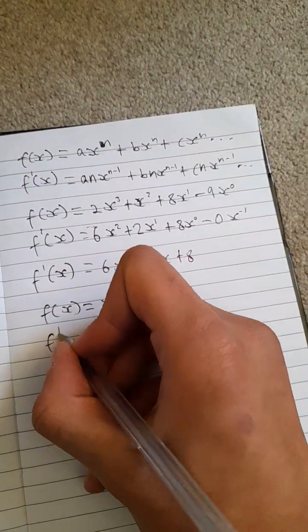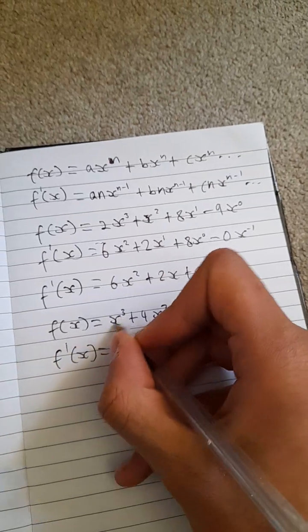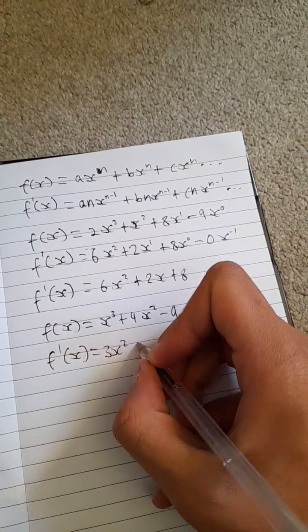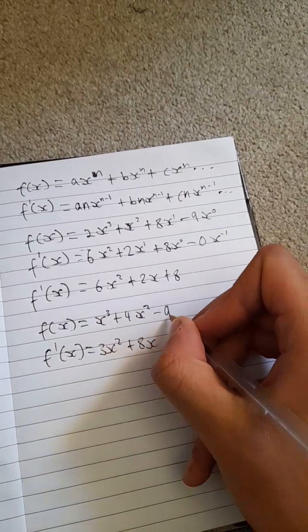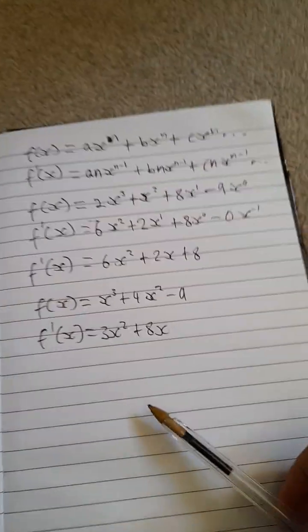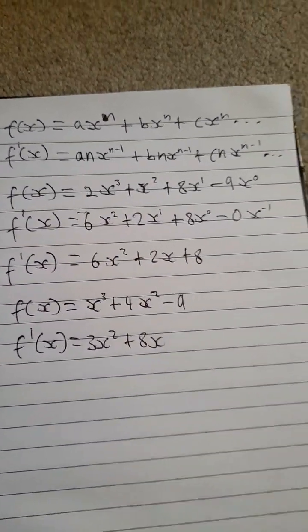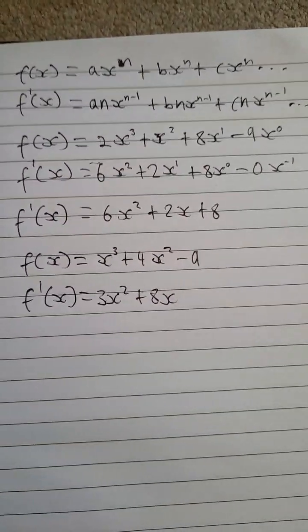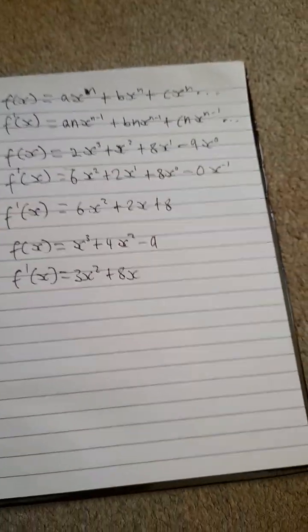If you want to differentiate that, that's going to equal 3x squared plus 8x, and then we ignore the constant. And we get the exact same answer as what we got last time, but the working out is so much smaller. Okay, let's do it one more time.